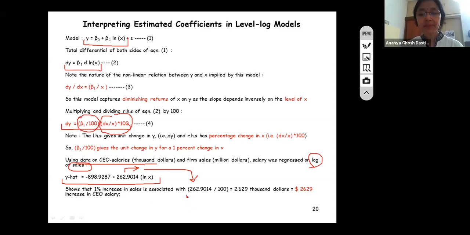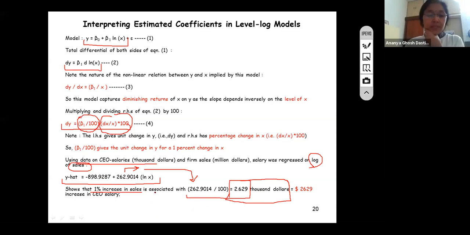When you divide beta 1 by 100, you are getting 2.629. It shows that a 1% increase in sales is associated with a $2,629,000 increase in CEO salaries.